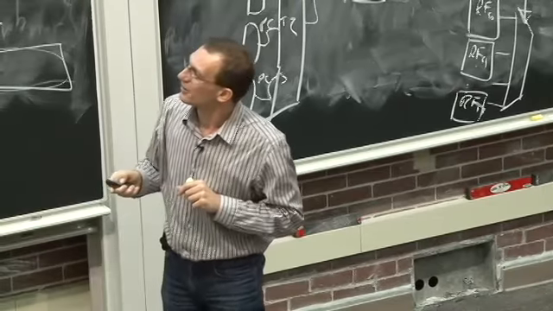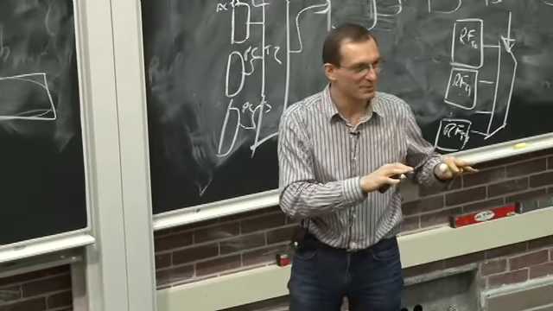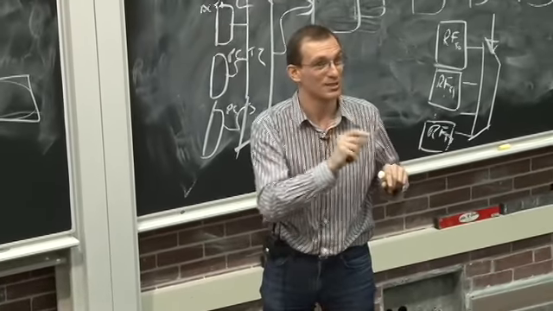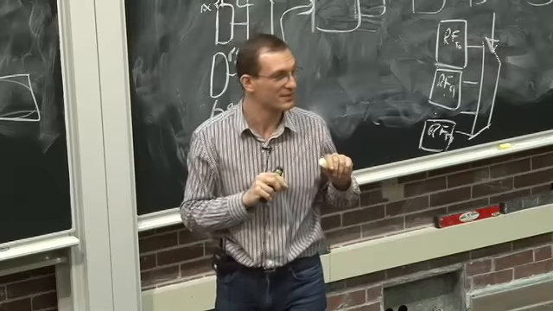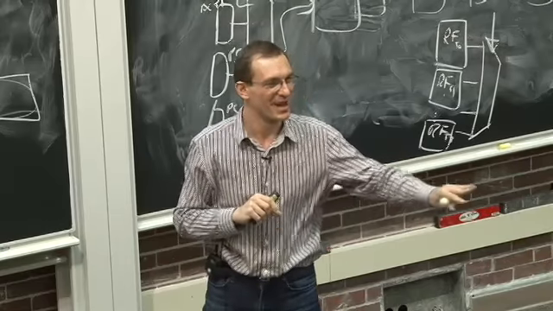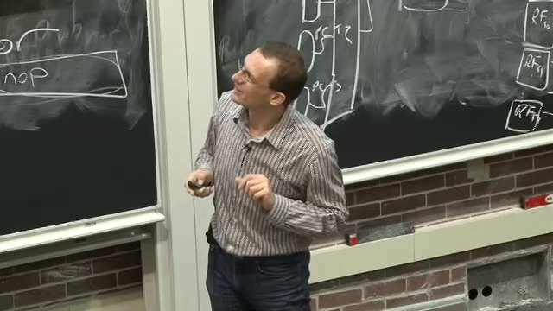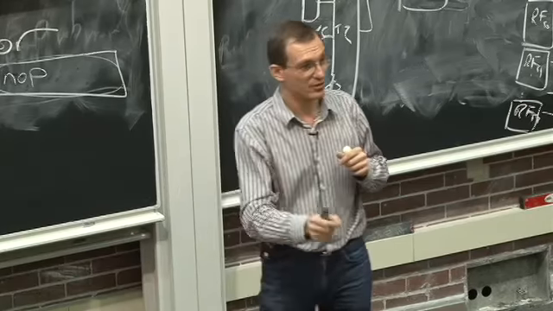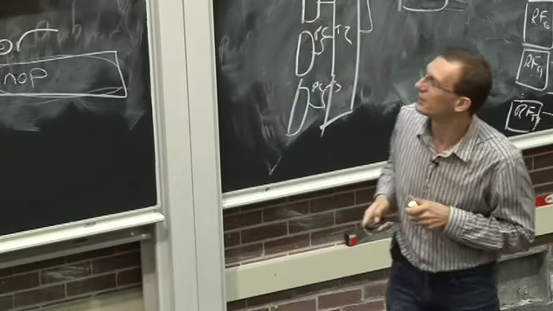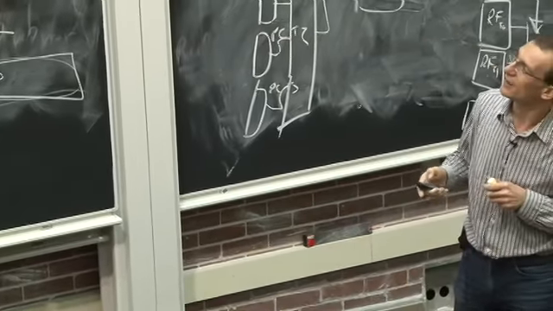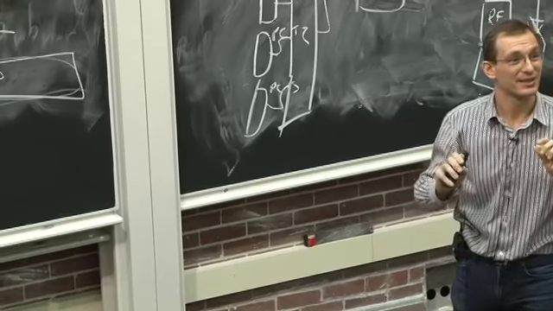But that's the basic pipeline. Existing processors are much more complicated. So your question is valid. But we haven't gone to the existing processors yet. Okay, is this clear? That's the basic idea.